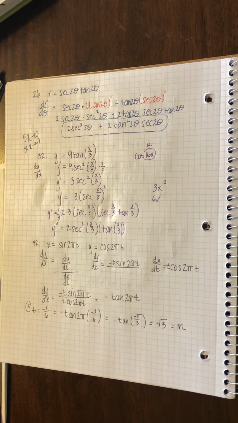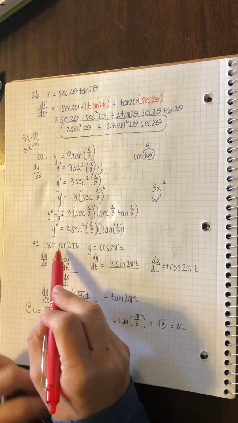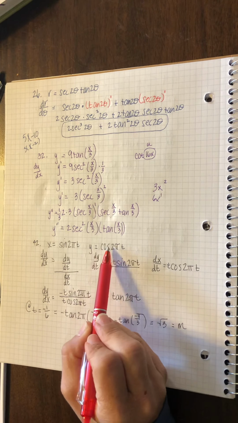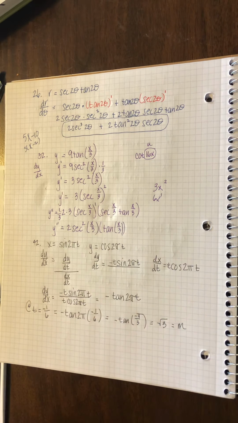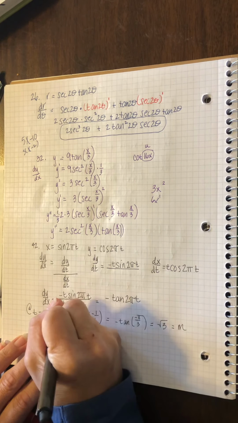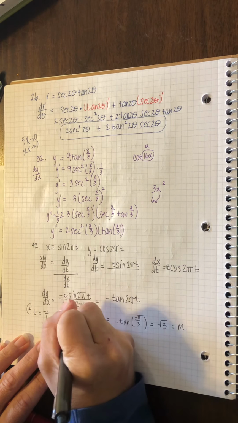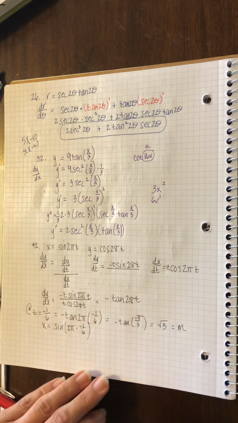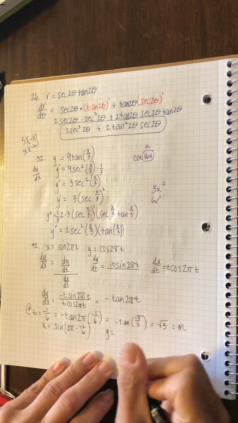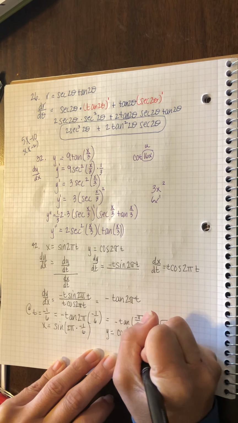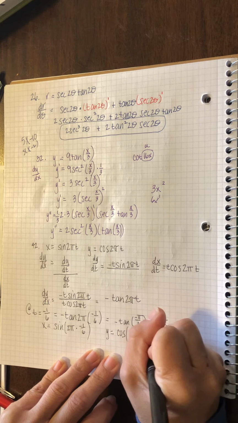Okay, but I also need to know what's the specific point. So x is the sine of 2 pi t, but t is negative 1/6. y is the cosine of 2 pi t, but t is negative 1/6. So we're going to plug in. x is the sine of 2 pi times negative 1/6. y is equal to the cosine of 2 pi times negative 1/6.